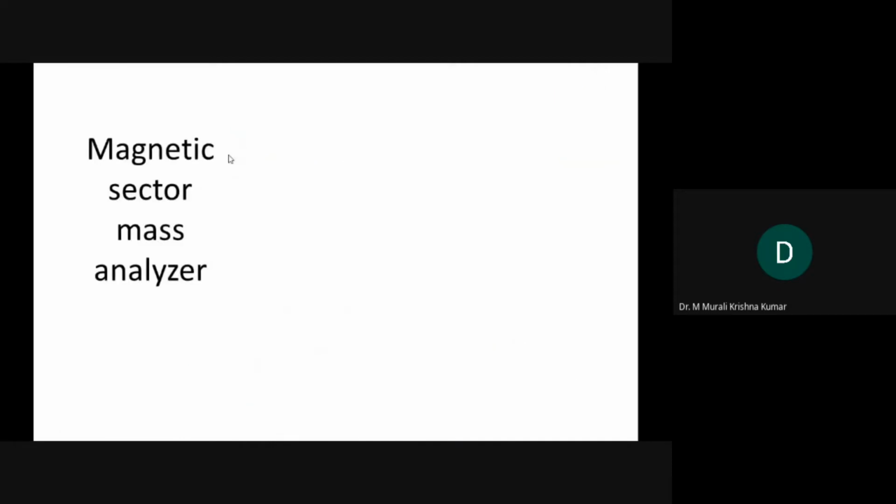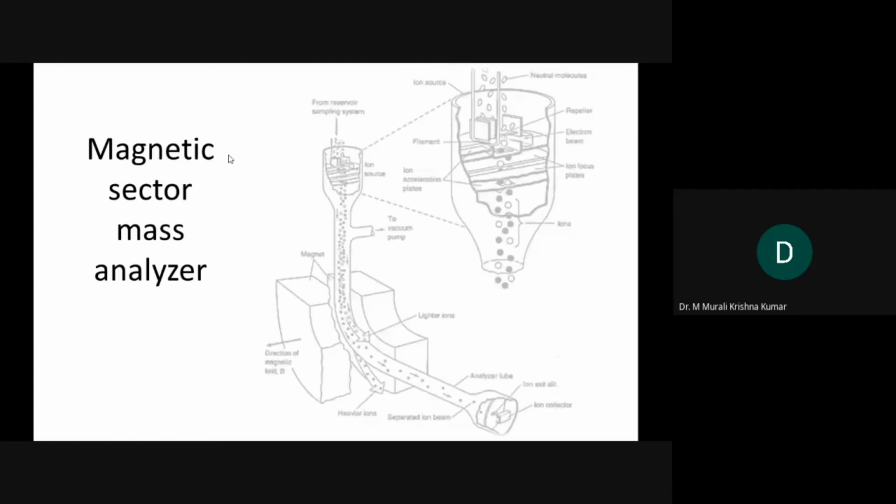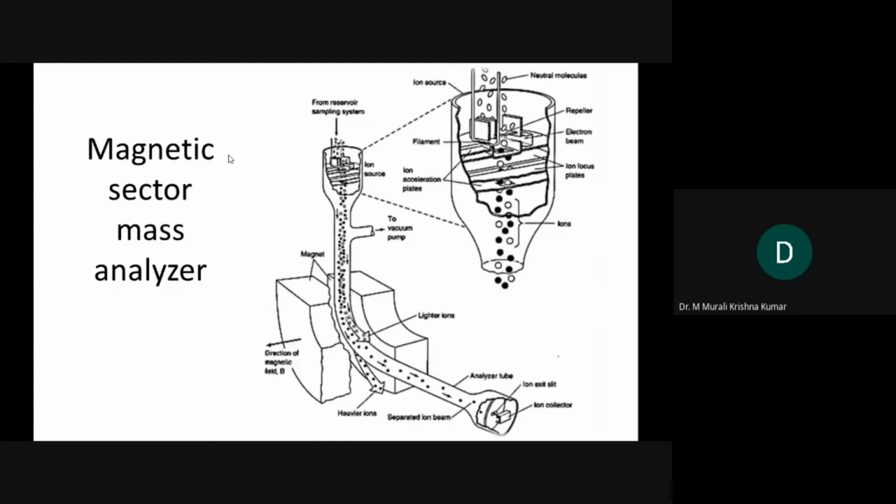Now let's see the magnetic sector mass analyzer. Okay, so this is the actual layout of the magnetic sector mass analyzer, where if you closely observe, ionization is happening here. Ionizer will be there, usually EIMS or any other, but normally in the market you will be able to see electron impact mass spectrometers. 99.99% of the cases they will contain magnetic sector separator.